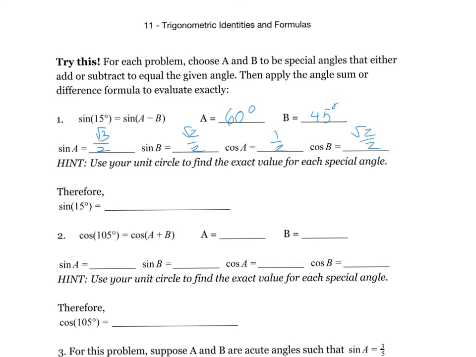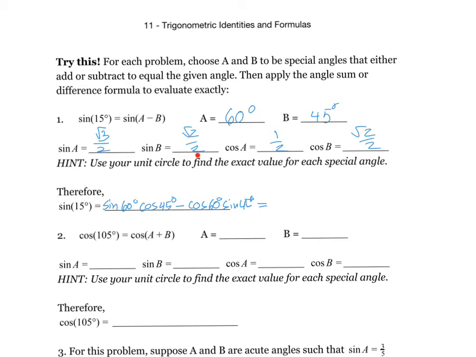So sine of 15 is the sine of the difference of two angles. So that's going to be sine of A, which is 60 degrees, cosine of B, which is 45 degrees, minus cosine of 60, sine of 45 degrees. Now, all I'm going to do is substitute for each of these expressions.